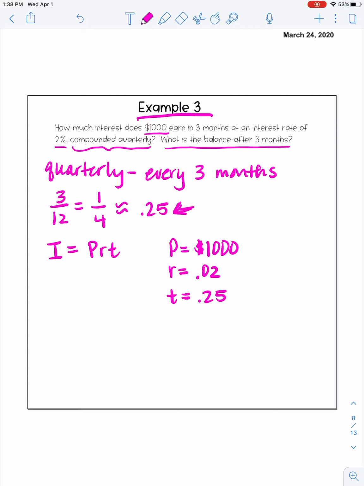So when I plug all of that in, I get I equals 1,000 times 0.02 times 0.25. When I multiply those things, I get 5. That's just my interest.